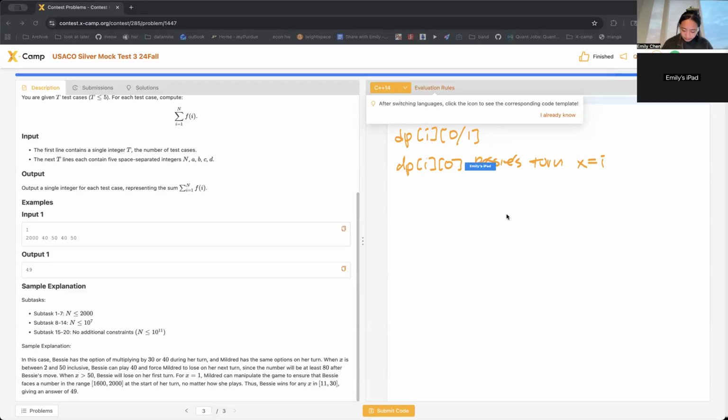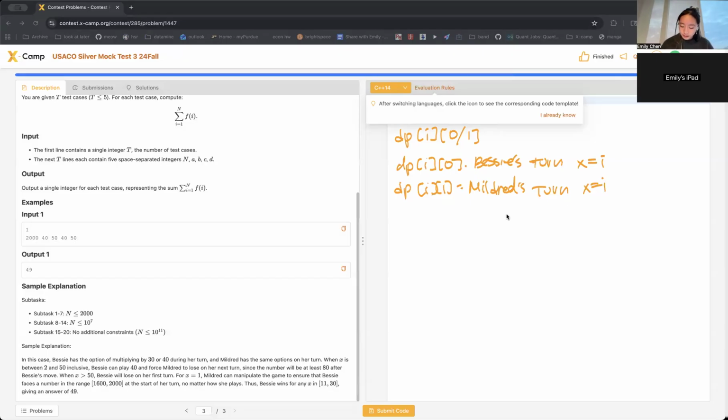And alternatively, DP of i, 1 would mean it is Mildred's turn, where x is equal to i.